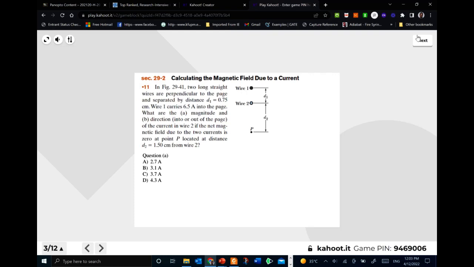Remember, for a current, B is mu 0 I divided by 2 pi R. Okay, finished?